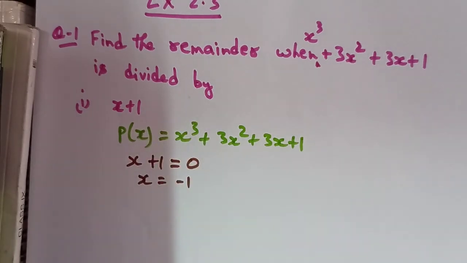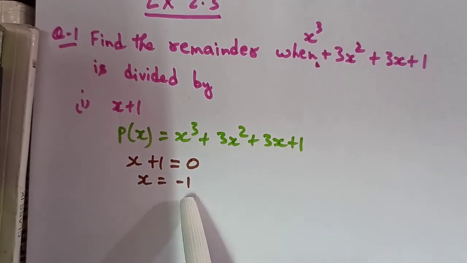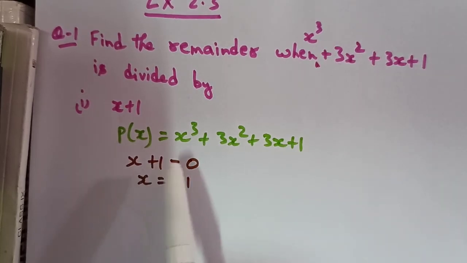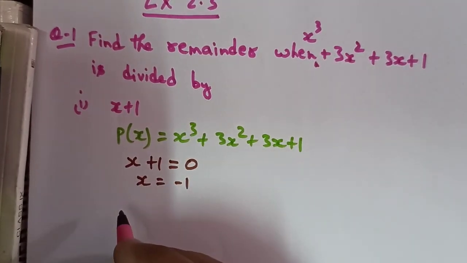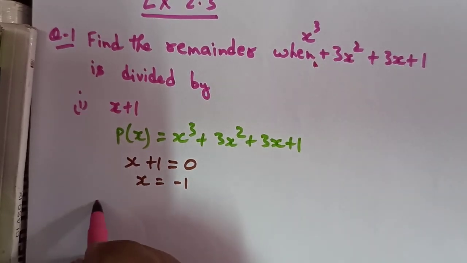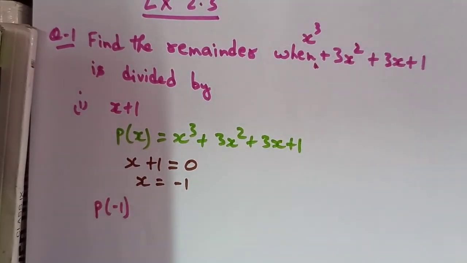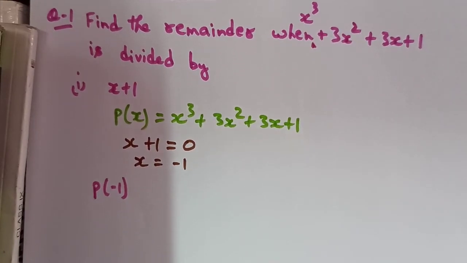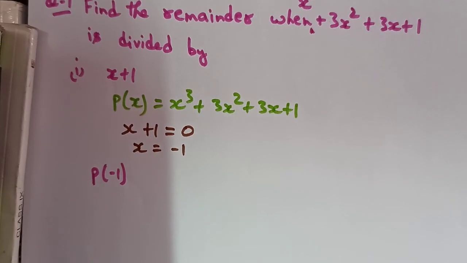So first we find a, the zero of the divisor polynomial, that is minus 1. Now we simply have to find the remainder, so we find p(a), that is p(minus 1), the value of the polynomial p(x) at x equals minus 1.